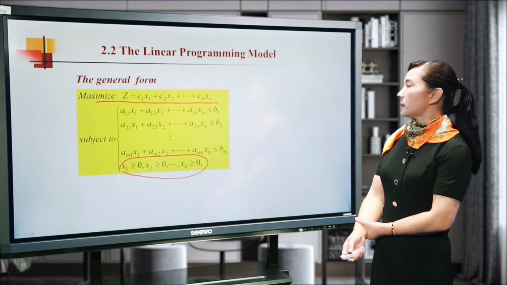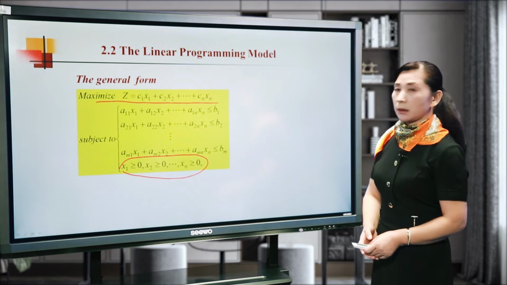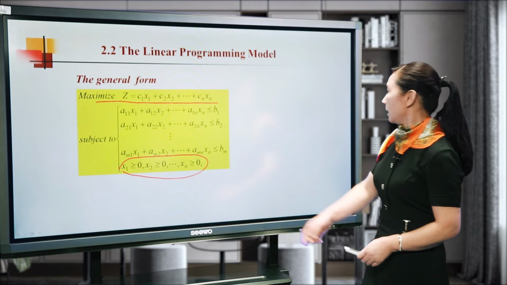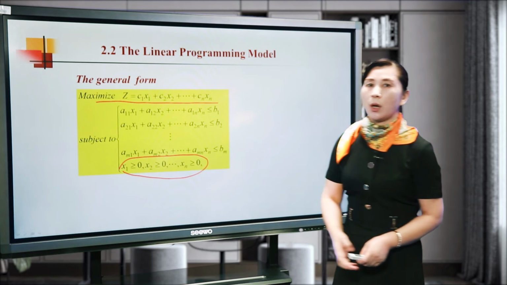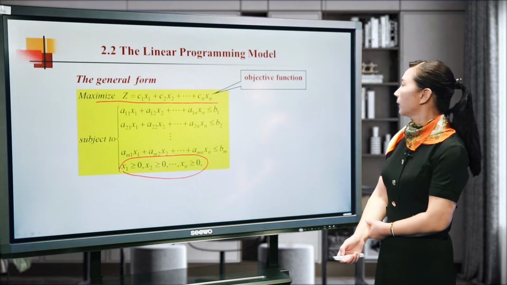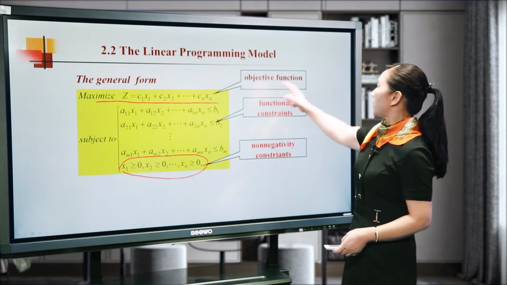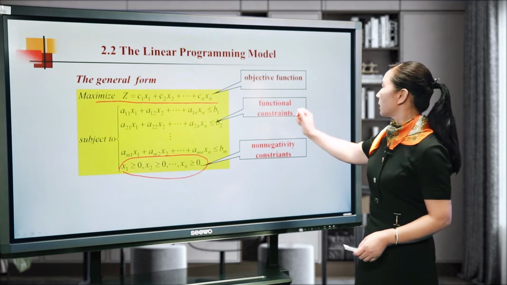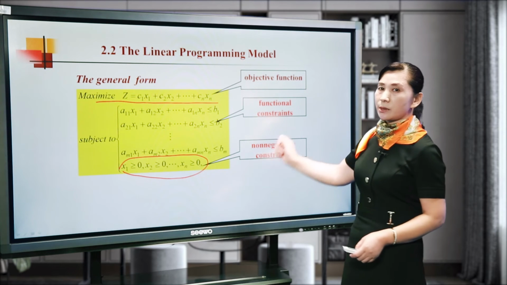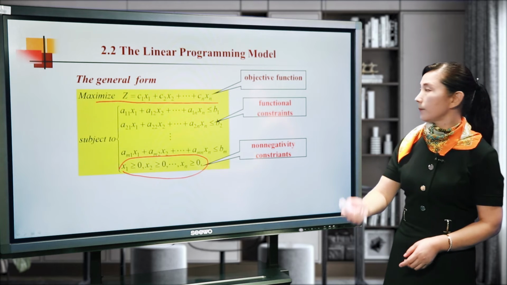The general form is to maximize or minimize, subject to the constraints, which may be less than or equal to, or greater than or equal to. And this is the objective function. This is the functional constraints. And this is the nonnegativity constraints.